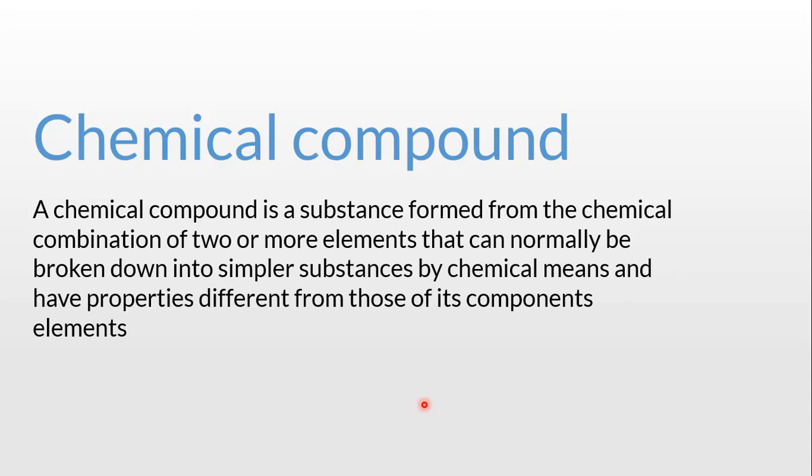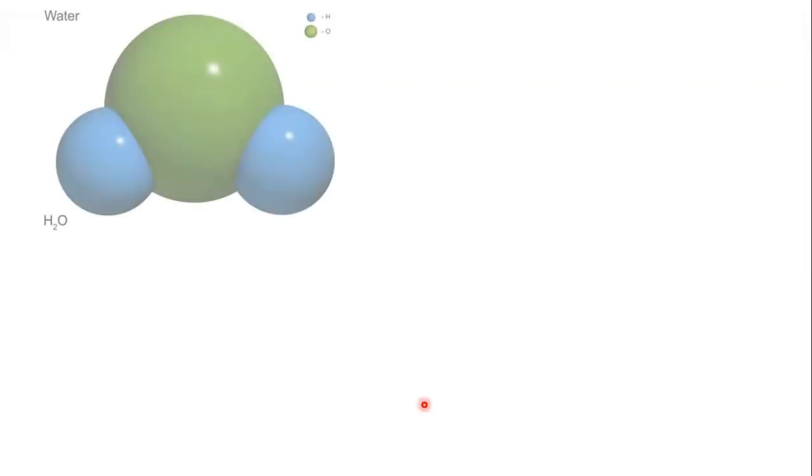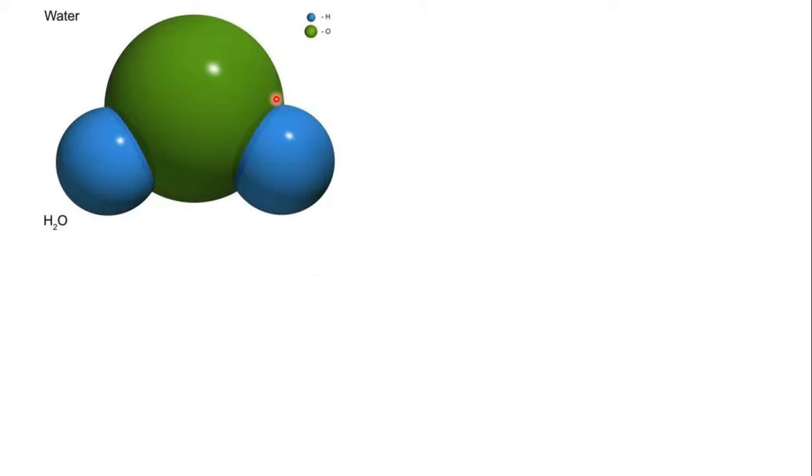Yes, that makes sense. So when a compound is formed, a unique substance is formed. That substance has different properties from its component elements. We are going to understand this. For instance, this compound here, we are seeing water. The green ball is represented by oxygen, and the two blue balls are represented by hydrogen.